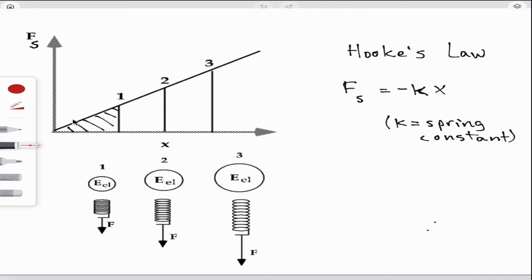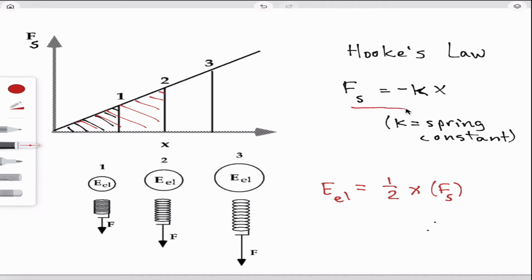As the force increases, so does the stored elastic potential energy, and so does the area under this graph. And based on that qualitative reasoning, we derived an expression for the elastic energy stored in the spring as equal to the area under that curve, which is 1/2 the base, which is measured in displacement, times the height, which is measured as the spring force.